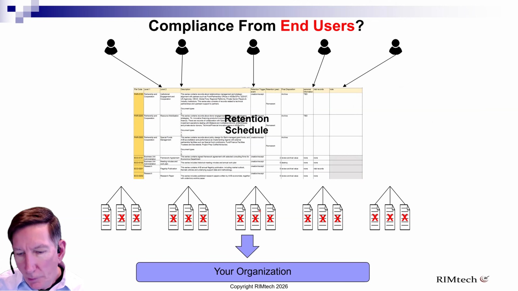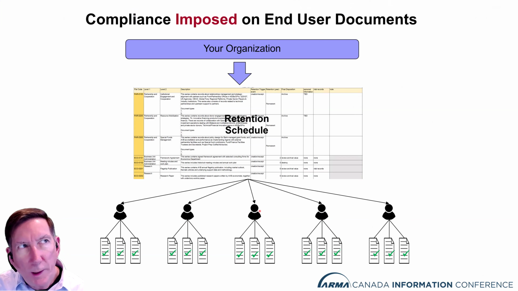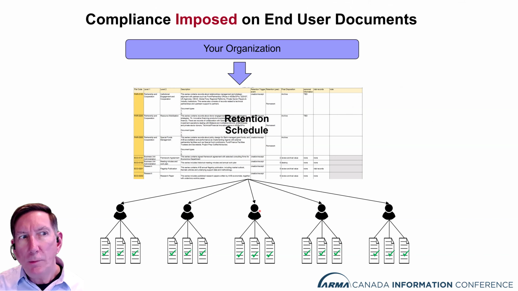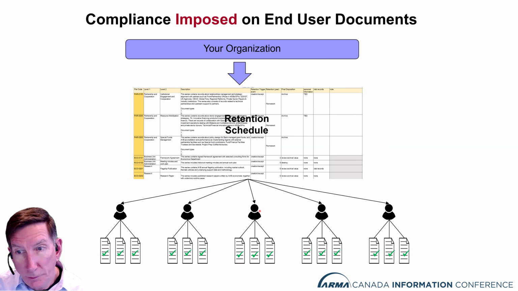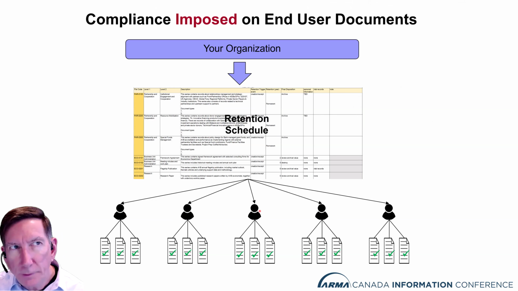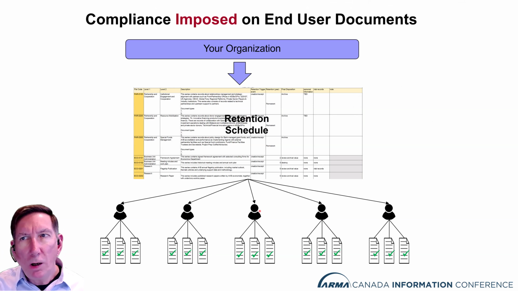The second school of thought is, well, wait a minute. We can't rely on the users to do this or do it correctly. Therefore, compliance must come from the organization and be imposed on the end users. In other words, if one user thinks this document should be kept for 20 years, and another user thinks it should be 5, and yet another thinks it should be 3, they're all wrong.